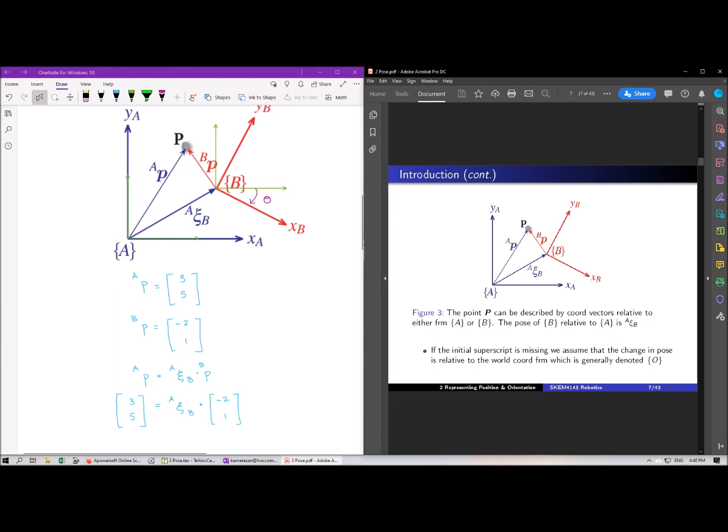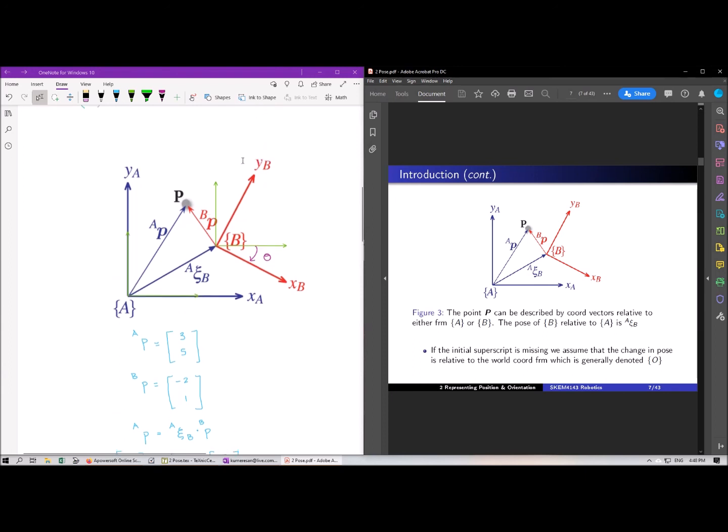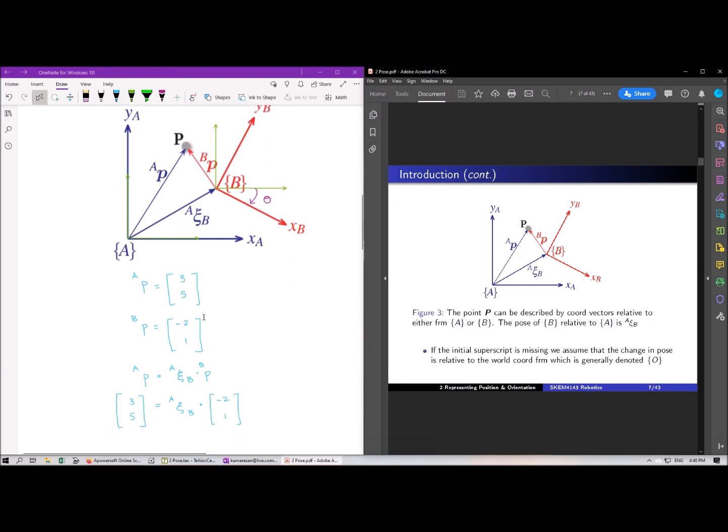But the same point, if we describe it mathematically with respect to coordinate frame B, it can be (-2, 1), because P is around here along x_B, so it's maybe -2, and perhaps positive 1 along y_B. Therefore it's (-2, 1).